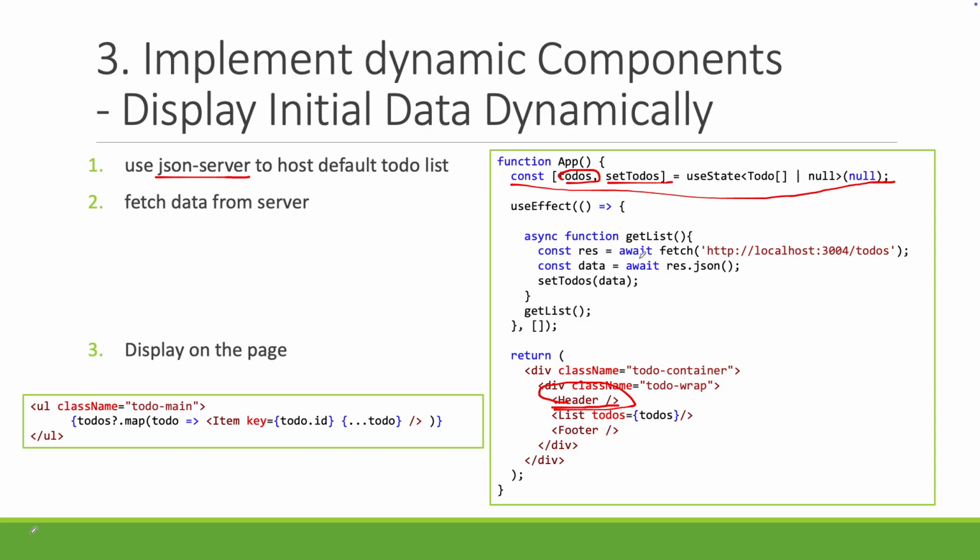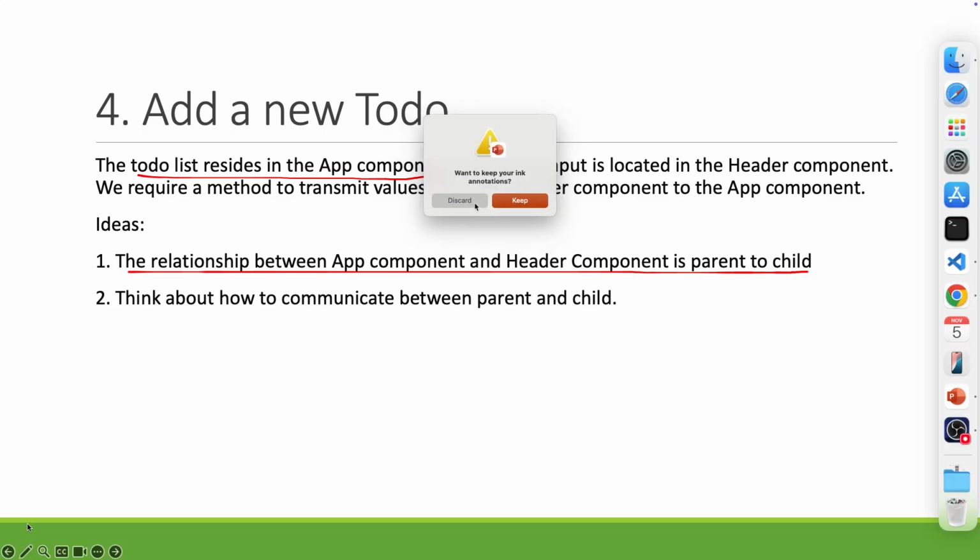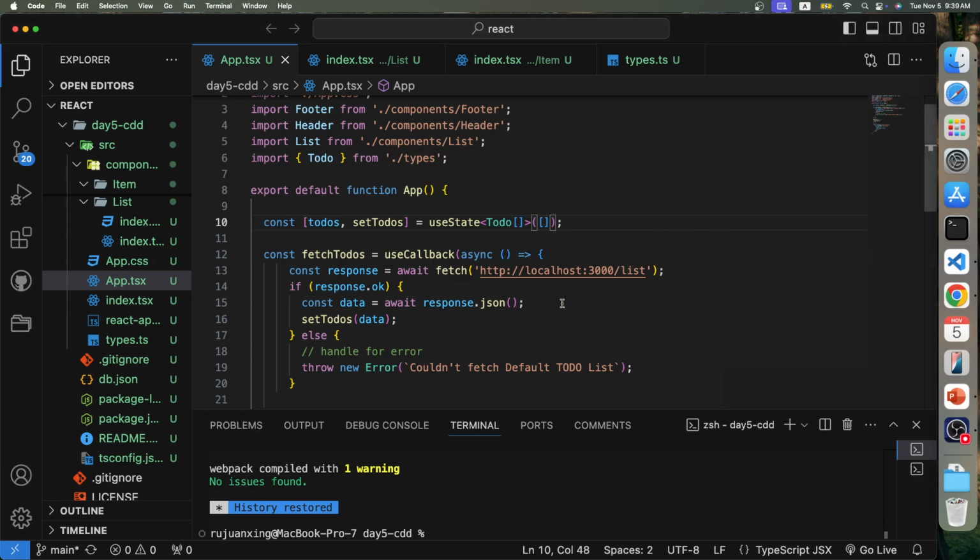So the communication we are having here is child to parent. So we need to have what? The header is a child of the app, but the data is entered in the header, so we have to pass data from child to parent. And how to do it? Let's think about it. Let's go to our code and implement it.